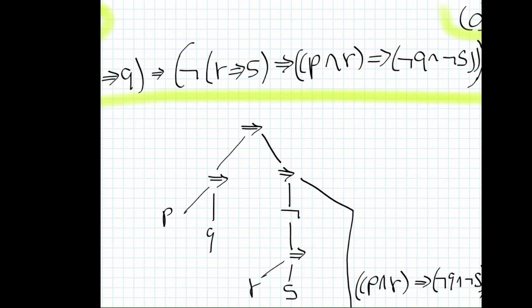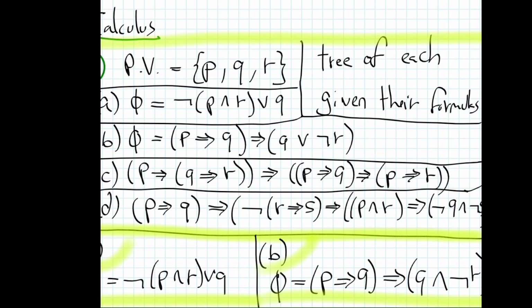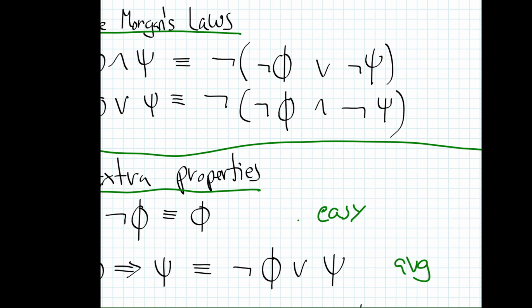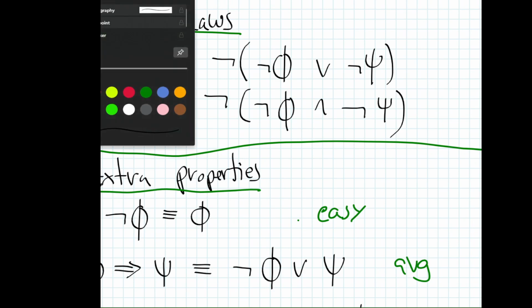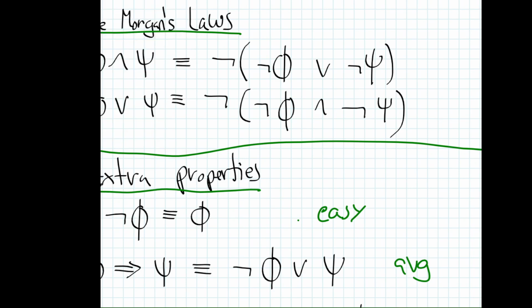Recall, if we go back a little bit to our definitions, when we were talking about the De Morgan laws, we're using the equivalency notation with formulas or variables to demonstrate the equivalence between different notations of the same thing.